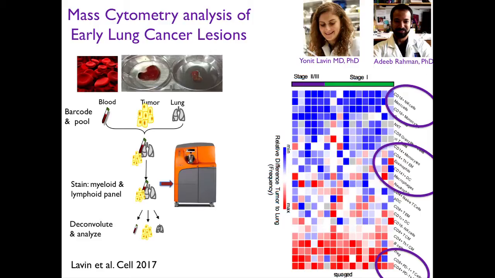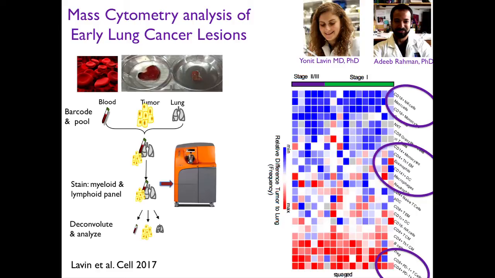So to have a first pass of understanding of both the myeloid and immune changes that occur in these early lung cancer lesions, we made use of a mass cytometry platform that we used to map the immune cell compartment in initially early stage lesions, and we recently extended it to later stage lesions.